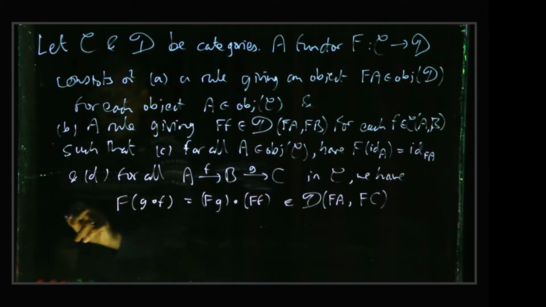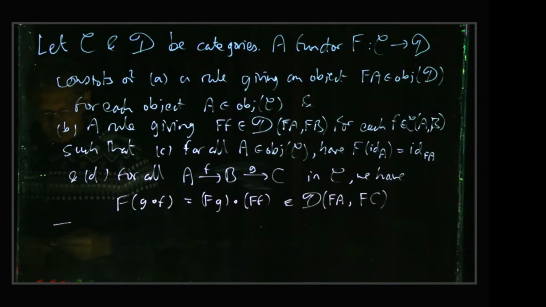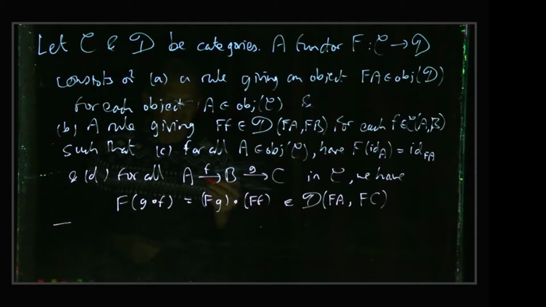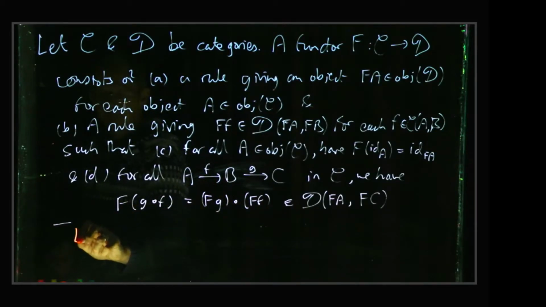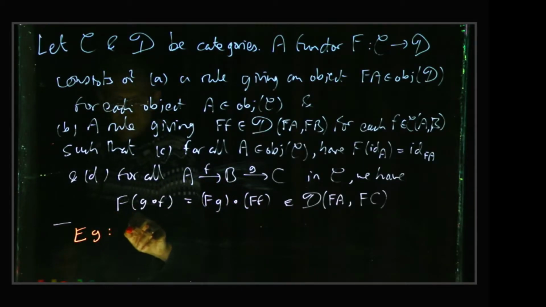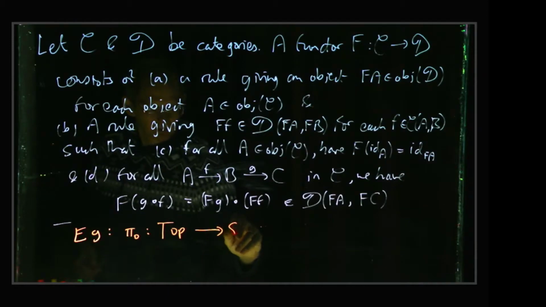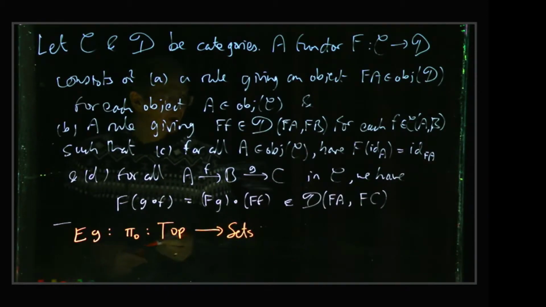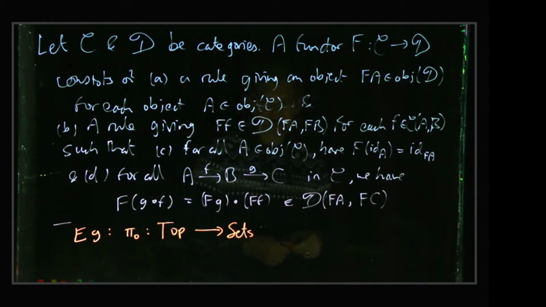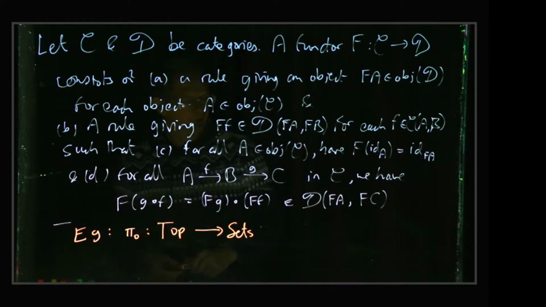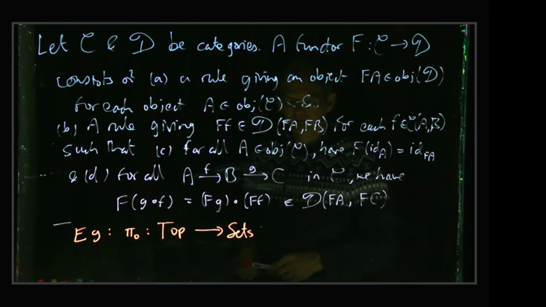Let's just give the most basic example, but in some sense the most interesting example we've seen so far. We've got the functor pi0 from Top to Set. So here Top is the category of topological spaces and continuous maps, and Set is the category of sets and functions.